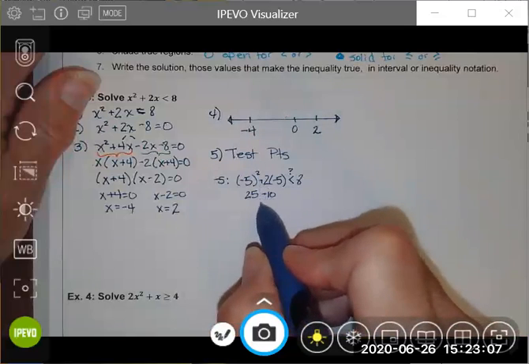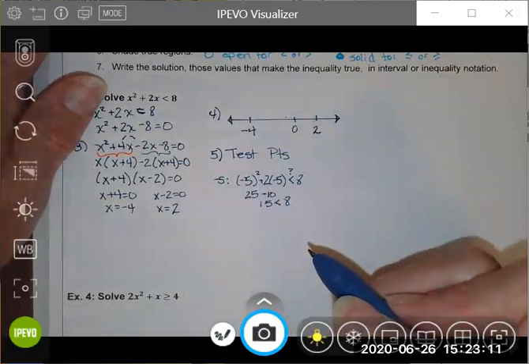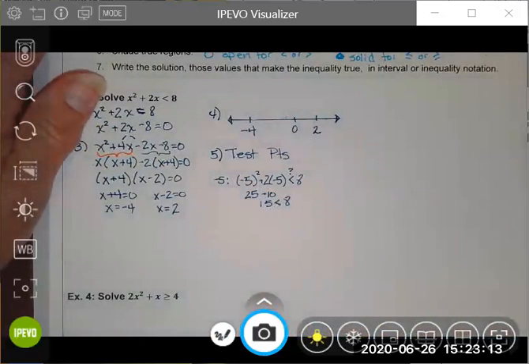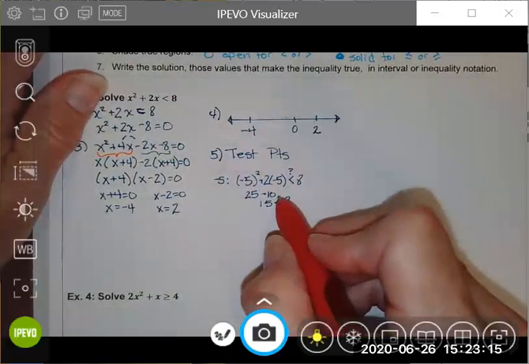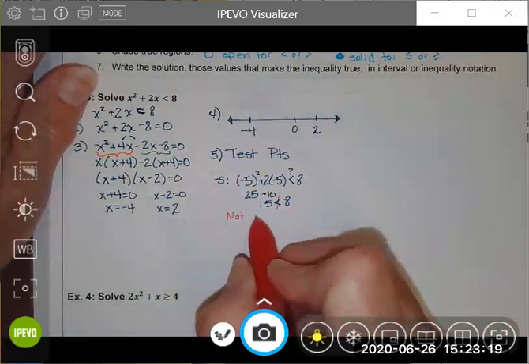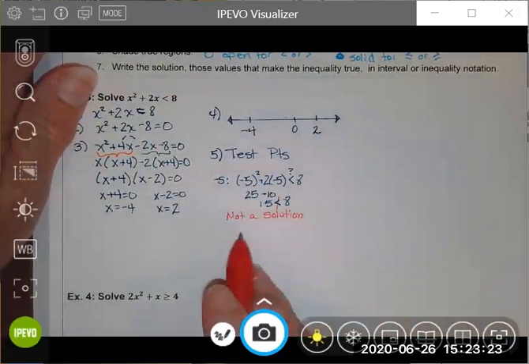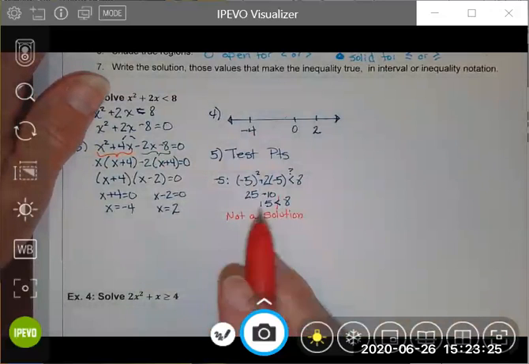So this simplifies to 15. Is 15 less than 8? And the answer is no, it is not. So this is not a solution. -5 is not part of my solution set. All right, I would like to test 0.